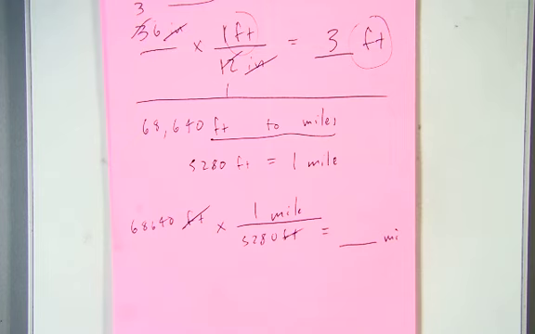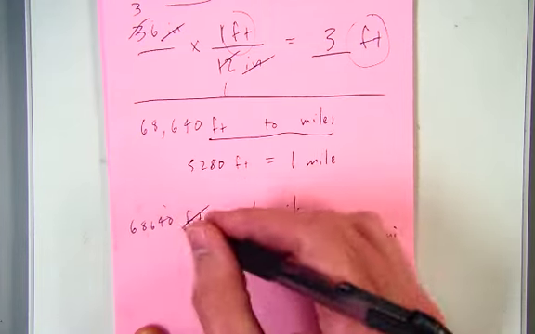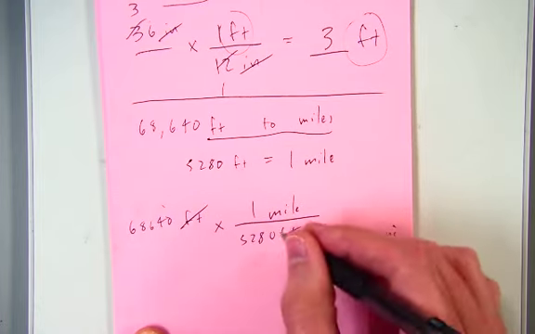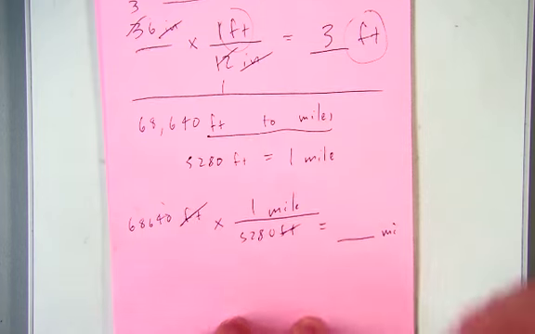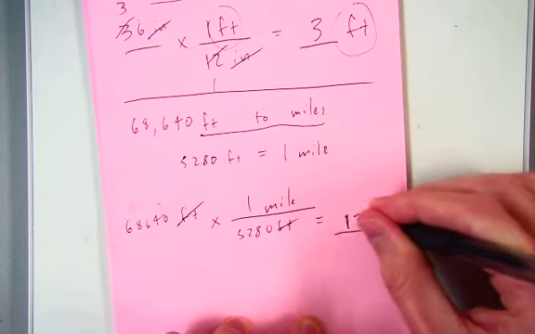And then this is just a calculator problem. The numbers are kind of messy, but this 68,640 on top, 5,280 on the bottom, we can just divide those, right? That's going to be our next step here. So we're just going to put them in the calculator, and we're going to get, your instructions do say give the whole number or a rounded decimal, so you might have to round on some of these, but this one we didn't have to.